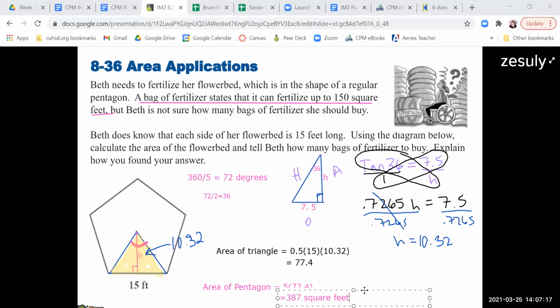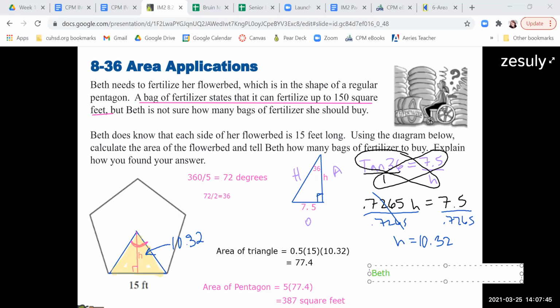Okay, so let's go back to the problem. Beth needs to fertilize her flower bed, and she has 387 square feet she needs to cover. She knows 1 bag of fertilizer gives us 150 square feet of coverage. So 2 bags would give us 300 square feet of coverage. So that's not enough, which means she needs to buy 3 bags of fertilizer.